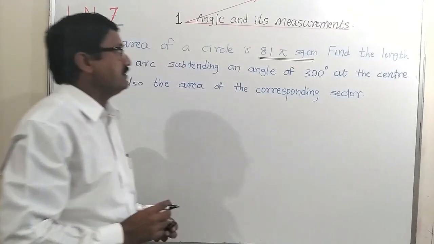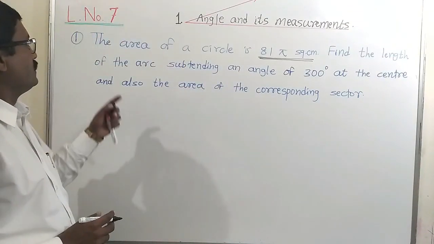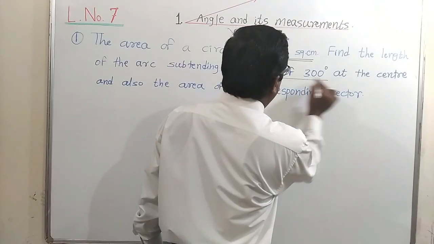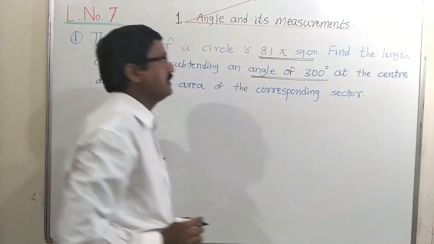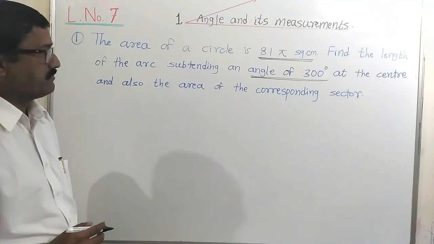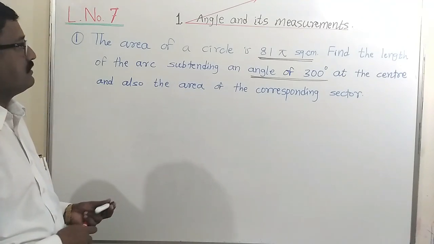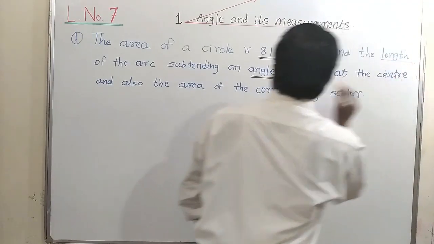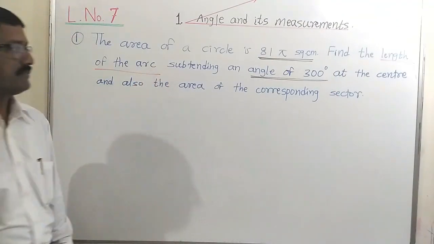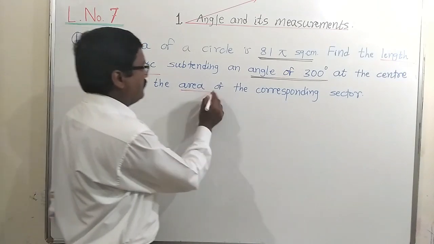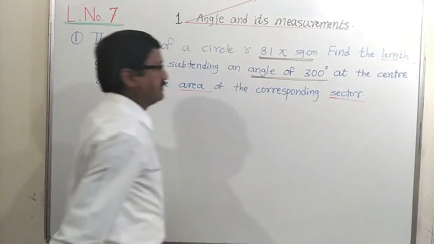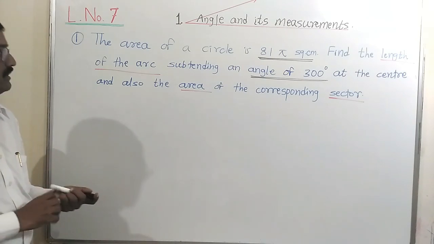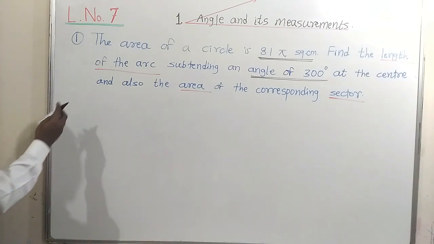The measure of the angle theta is equal to 300 degree. We have to find the length of the arc and the area of the corresponding sector. Both quantities are asked in this example. Let us see the solution.